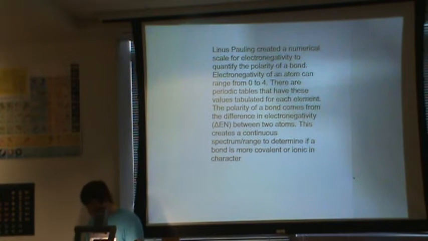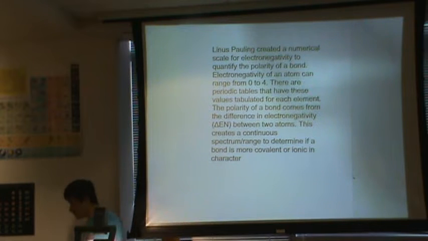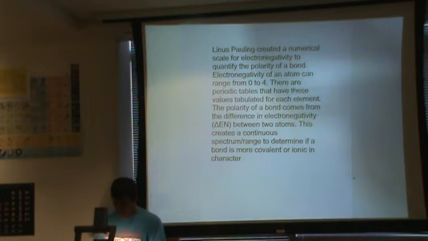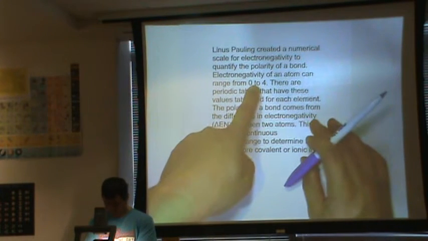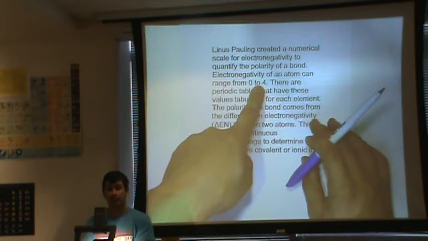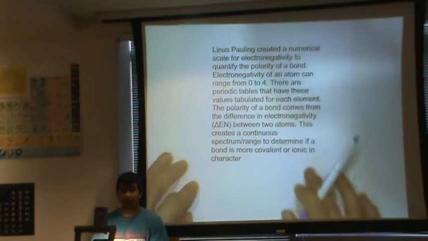Some periodic tables have these values tabulated for every single element on the periodic table. I think there might be one in here that does that, I don't think so. The most electronegative atom out of all the elements is going to be fluorine, as I stated. It has a value of 4, period.